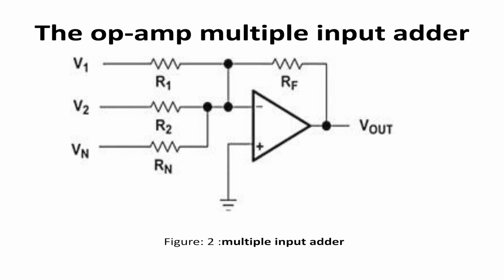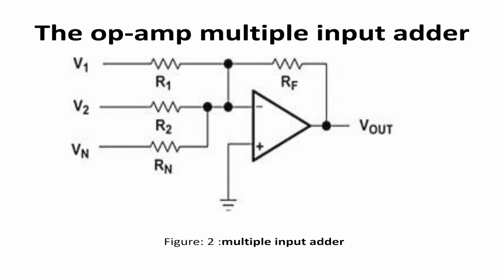The output voltage V output is equal to minus Rf into V1 upon R1. Here we are using the inverting terminal, that is why the output is minus, where V output is the output voltage of the op-amp adder circuit, V1 and V2 are input voltages, and R1, R2 are the input resistances connected to each input voltage source.